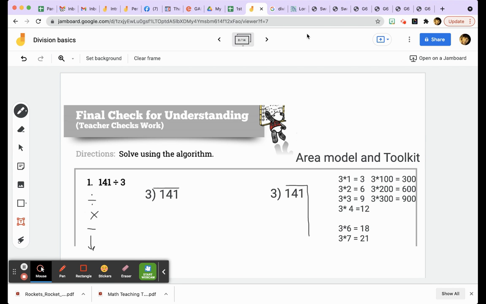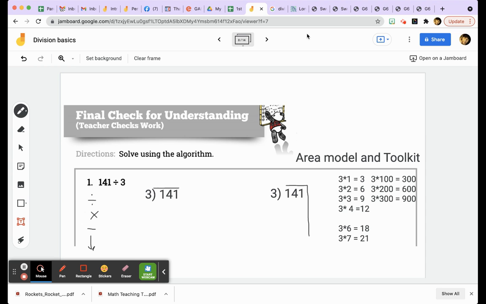And please make sure to write down, either in the notes for the substitute or somewhere where the next person who is using this lesson tomorrow will know where to begin.